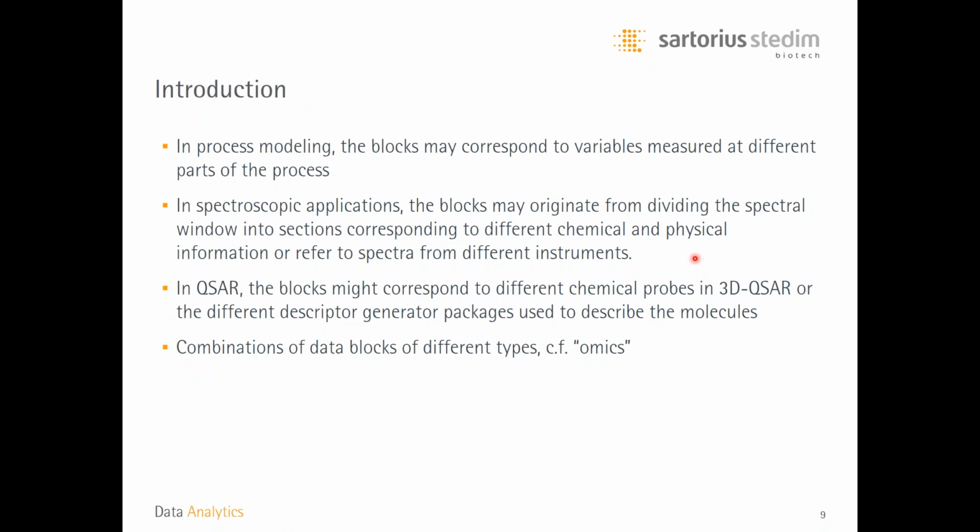Other applications involve spectroscopic applications where blocks may come from dividing a certain spectrum into spectral windows or sections corresponding to different chemical and physical information, or it can also be for the same set of samples, spectra that are acquired using different instruments or different instrumental techniques.